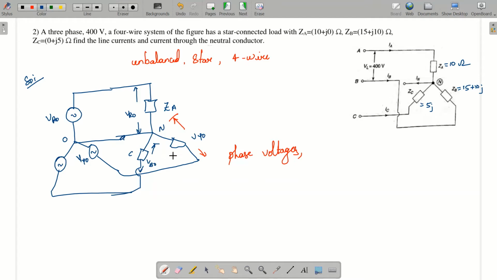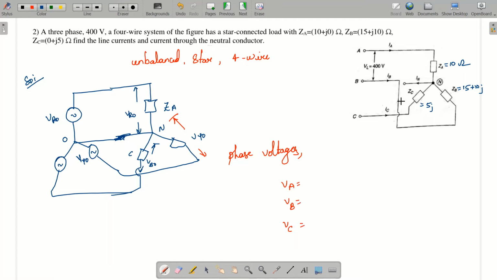So the phase voltages are balanced here, as the neutral is available. In the next problem we will see what will happen if the neutral is not available. So phase voltages VA, VB, VC, what are its values?